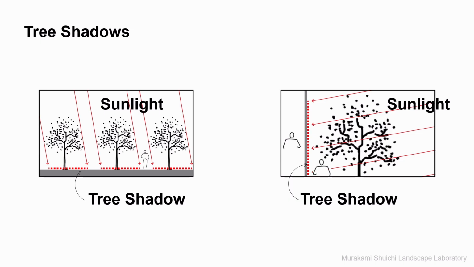In this case, the observer's position relative to the screen can be either on the same side as the trees and sunlight, or on the opposite side, as seen in the earlier video. In other words, when composing spaces that highlight tree shadows, the trees, the sunlight, the surface that receives the shadows, and the position of the observer can all be considered as variables.